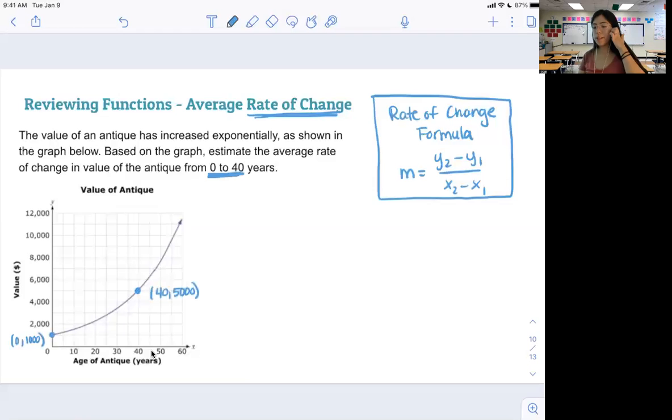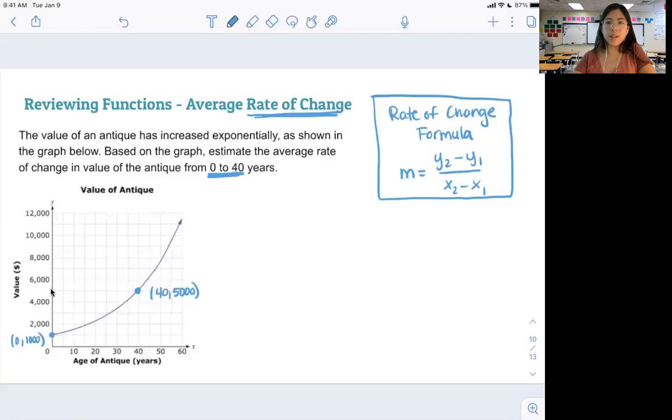Okay, I have 2 points, and there's always 2 ways to do this. You can do the formula, or you can do rise over run. But if you do rise over run, you have to be careful because you're not just going to count the boxes, you're going to count the value of each box. So that's why I prefer to do the formula, because if you do the formula, you are always going to get the right answer, as long as you fill it in the right place.